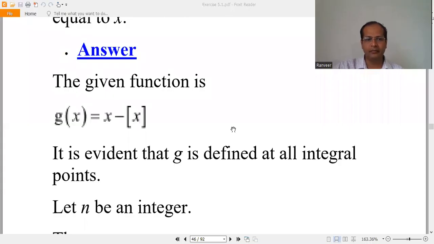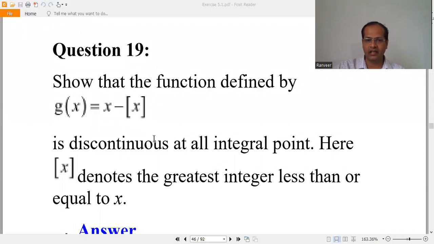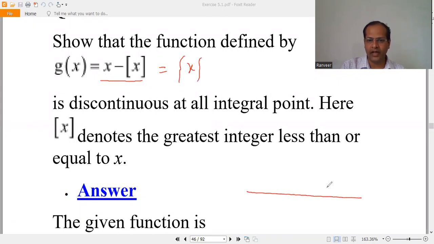Now question number 19. Show that the function x minus greatest integer is discontinuous at all integral points. First of all, x minus greatest integer is nothing but the fraction part of x. So when we draw the graph of this one, the value of the fraction always lies between 0 to 1. 1 is not included, that's why I'm drawing the graph like this, with minus 2, minus 1, 0, 1, 2.